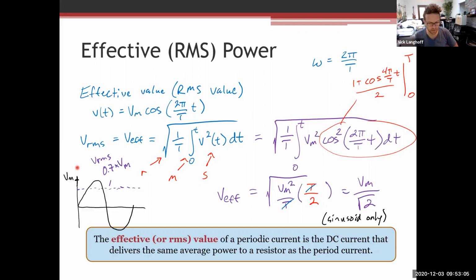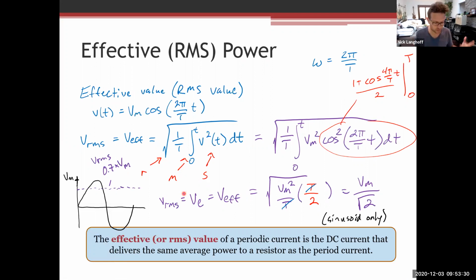By the way, sometimes this is written as V sub E. VE is V effective, VEFF is V effective, VRMS is another way to write it. So you'll see these different notations.